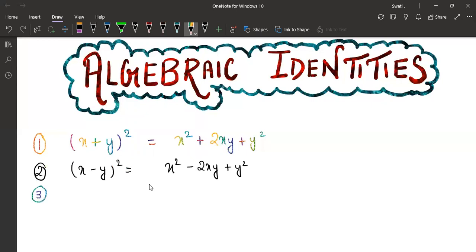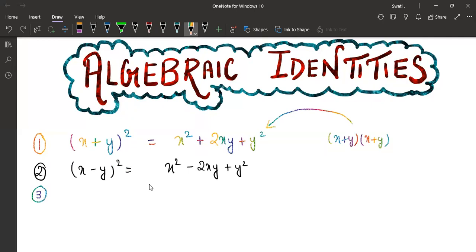If you want the proof for all of this, it's very simple. You can write x plus y whole square as x plus y into x plus y, then use the distributive property, and you will get the answer. I'm not discussing the proof here.